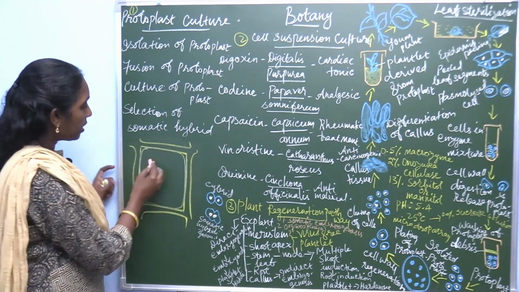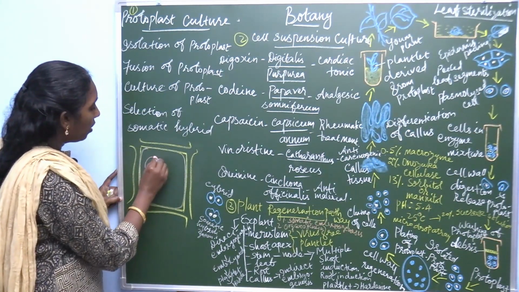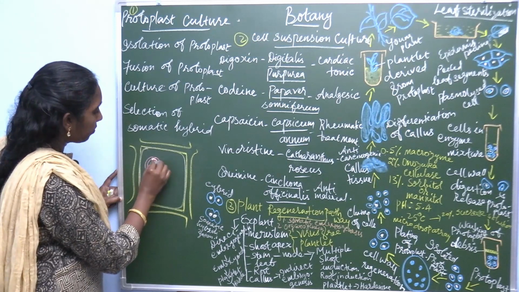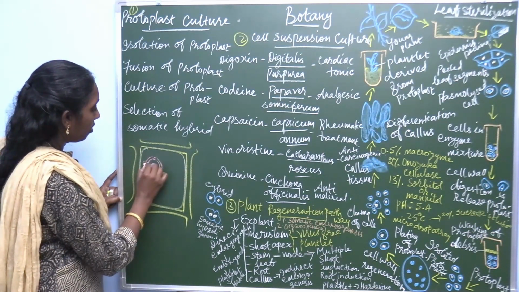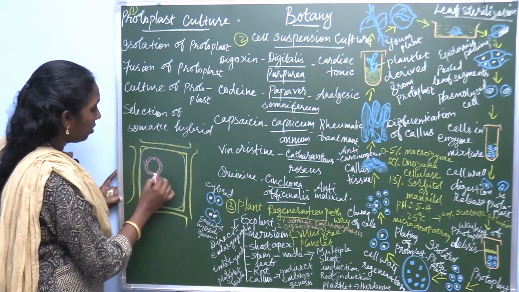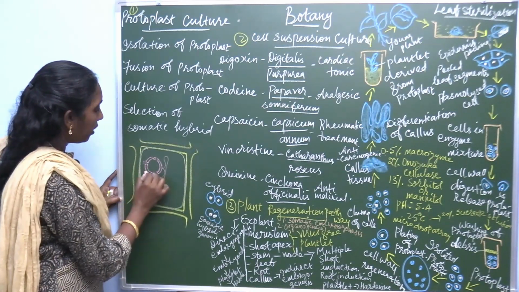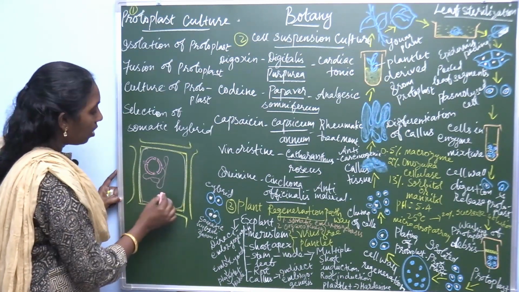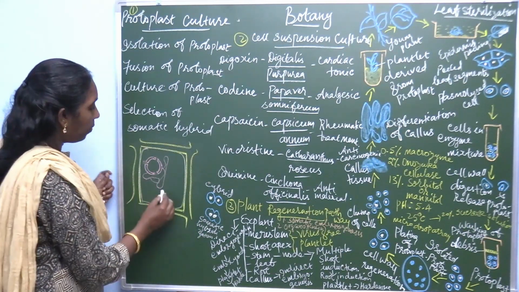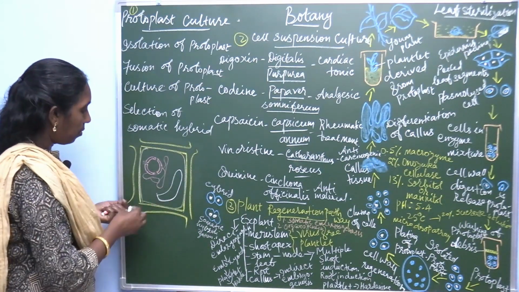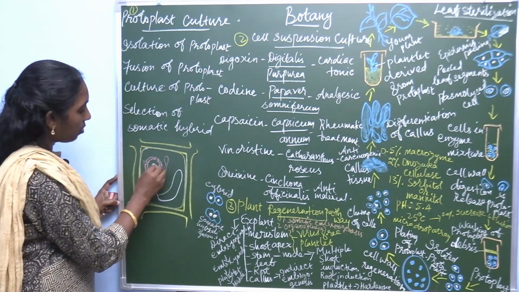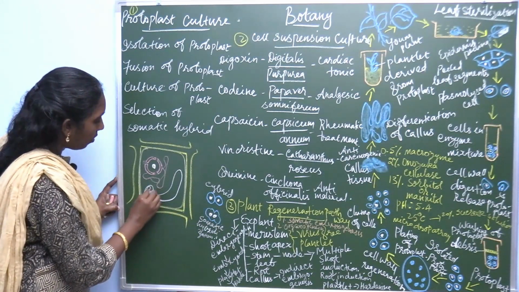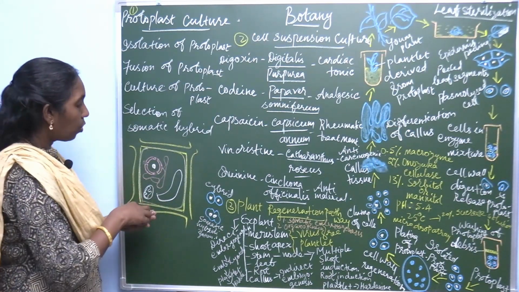Inner to the plasma membrane there is a nucleus, endoplasmic reticulum, large vacuole in the plant cell, mitochondria, here nucleolus, mitochondria, chloroplast.